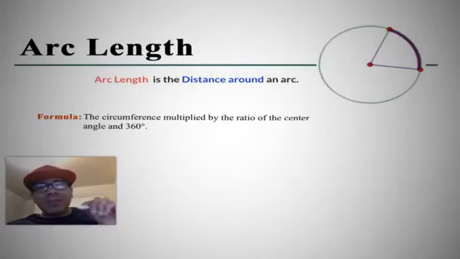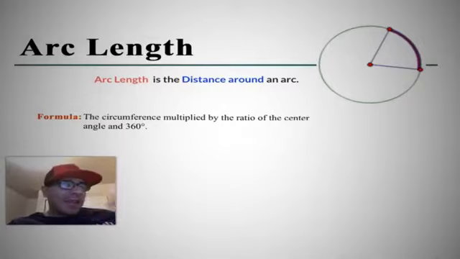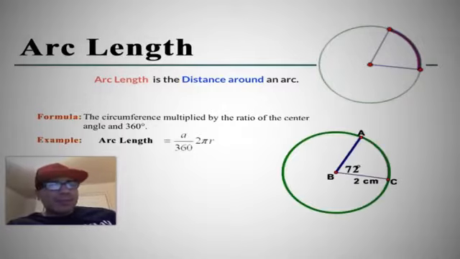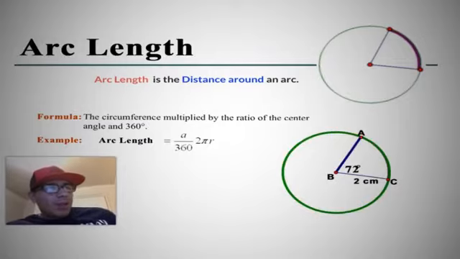Let me do an example for you because that might not have made sense. Here's a circle, and in this circle, let's have an angle of 72 degrees. We're curious about this arc length.